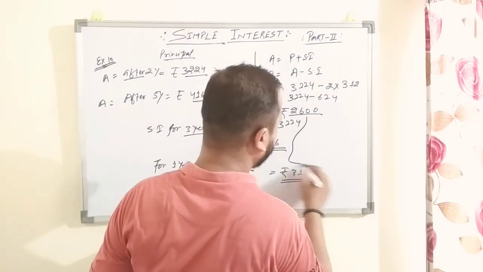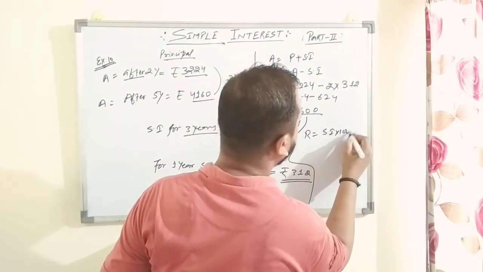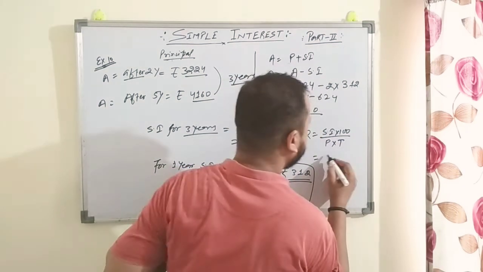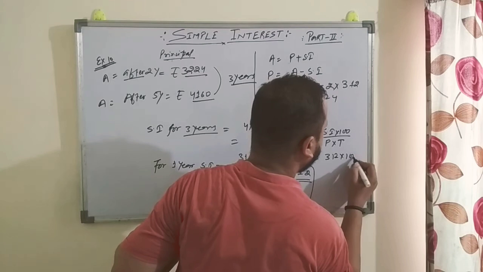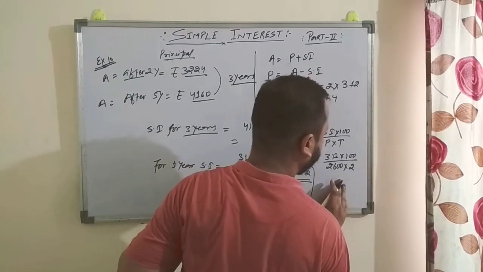Rate. So rate is what? SI into 100 upon principal into time. SI is 312 into 100 upon 2600 into time is what? 2.